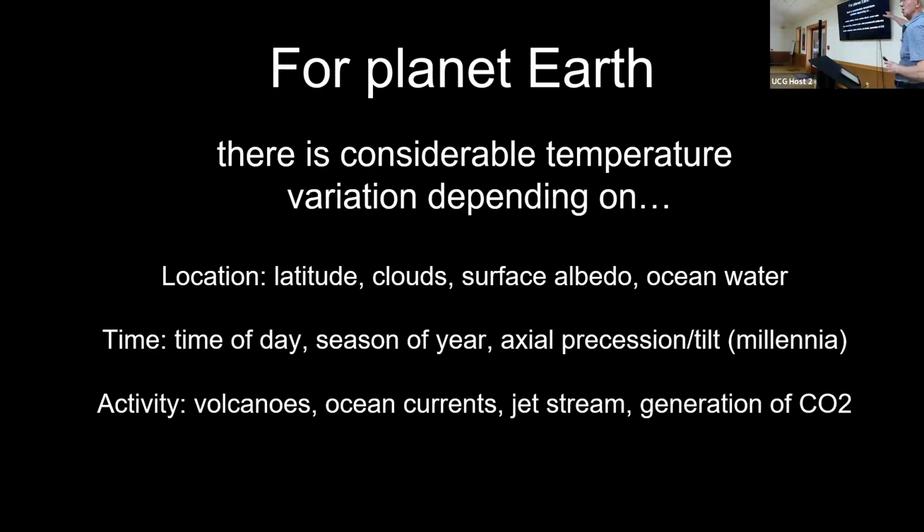So all of these things scientifically have to be considered. Our planet is changing constantly. And then the activity of our planet itself, the volcanoes, how much sulfur particles are coming out of the volcanoes and into our environment. We look at ocean currents and also air currents, the jet stream. Where is that located? Is it affecting your location? And finally, we come to the human generation of carbon dioxide and the other greenhouse gases.